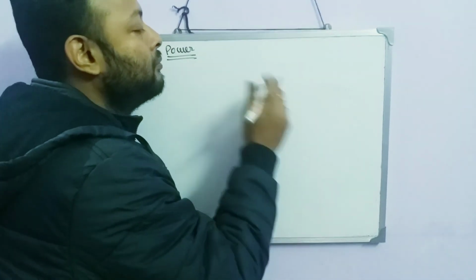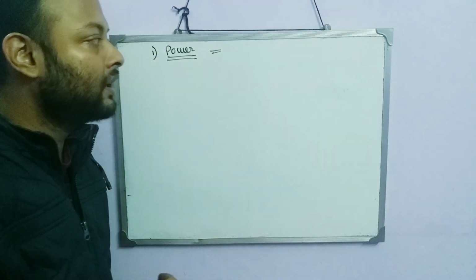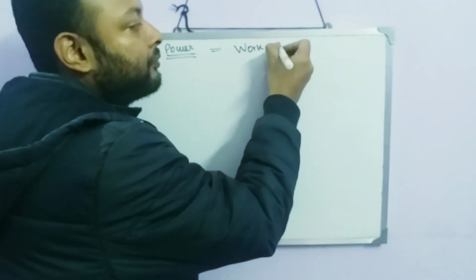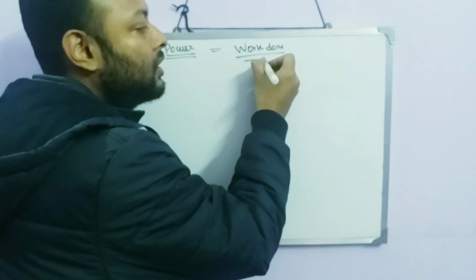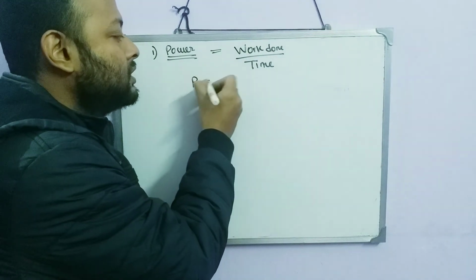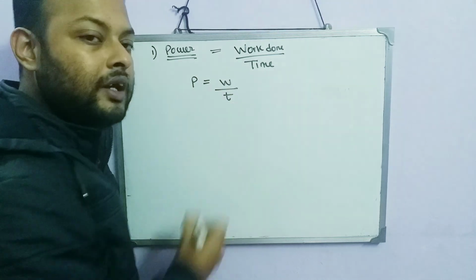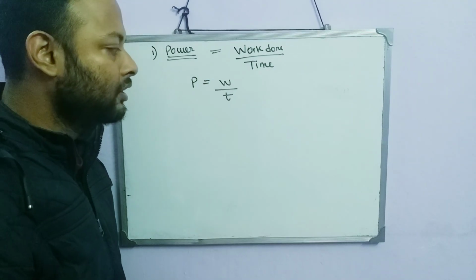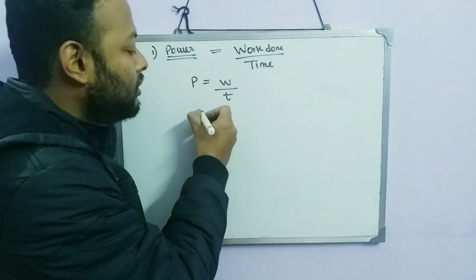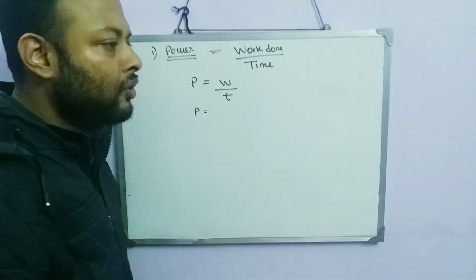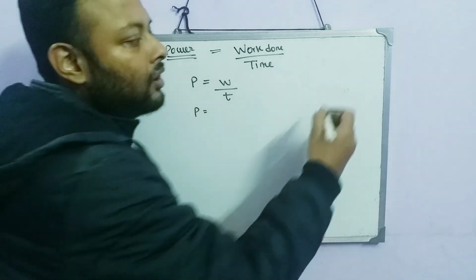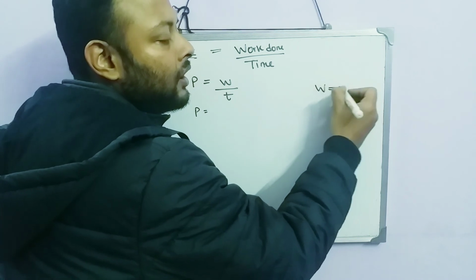In class 8 we learned that power is nothing but work done by time. So power is equal to W by T, right? And work done, as we discussed in the previous video, is nothing but energy.